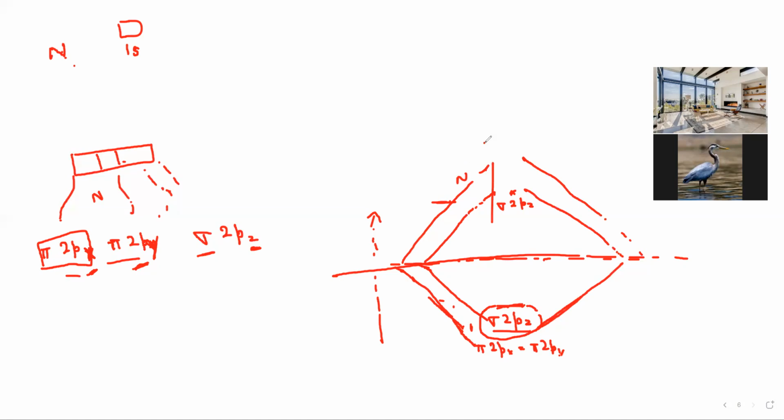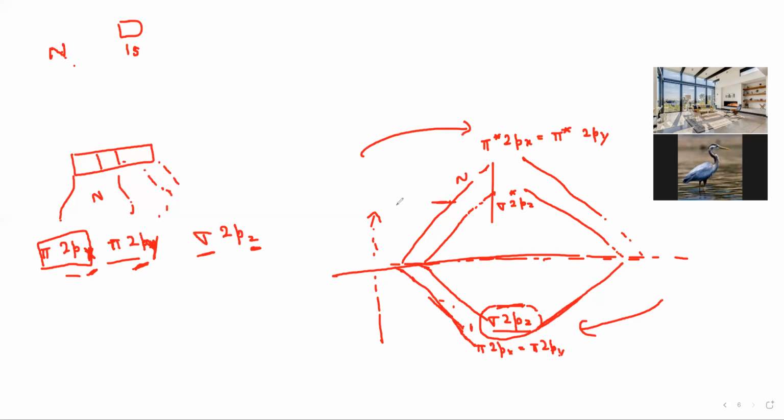This one anti-bonding has the high energy, like this, pi 2px is equal to pi 2py anti-bonding. So these are the bonding ones and these are the anti-bonding ones.